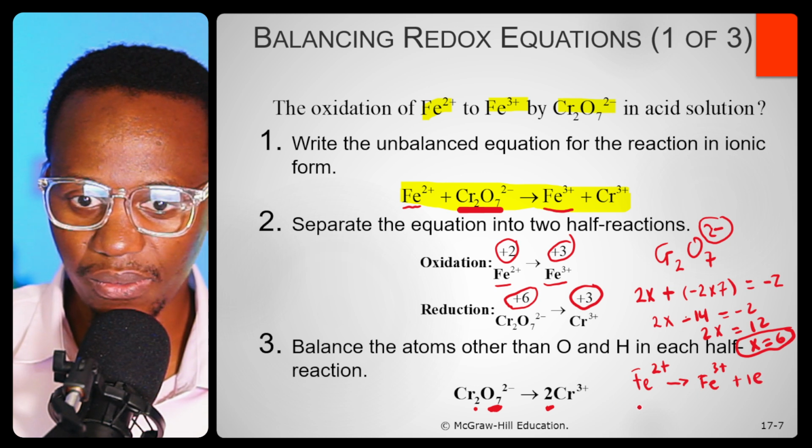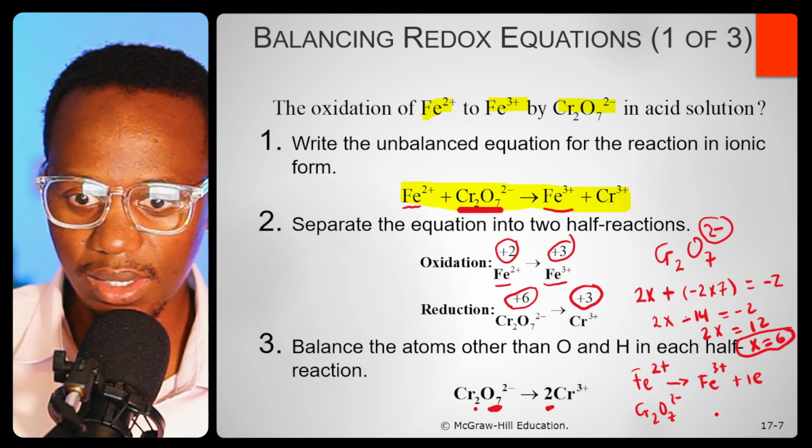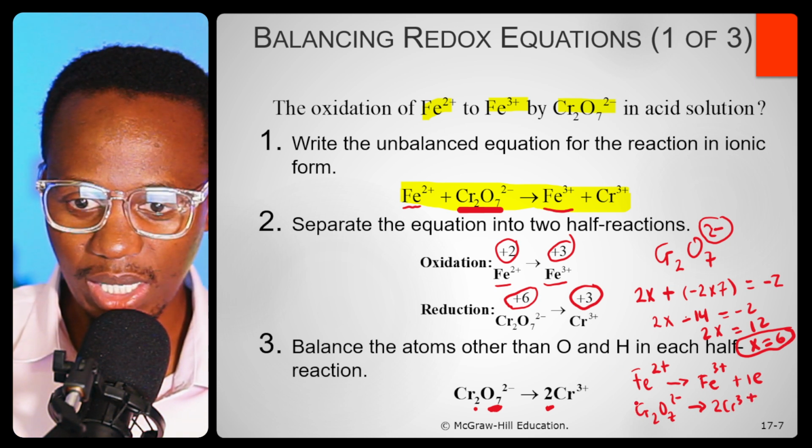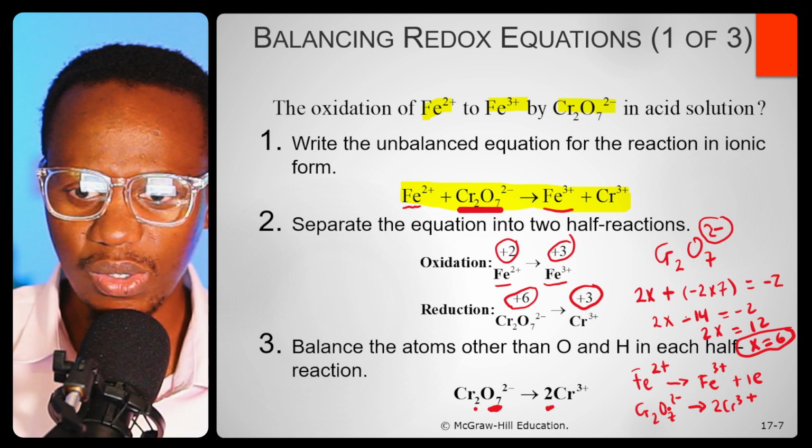That's 1/2 of it. The other half is Cr2O7 2 minus becomes 2Cr3 plus. So you see, this is what happens, but again, it's not balanced because you have oxygen on one side, you don't have oxygen on the other side.